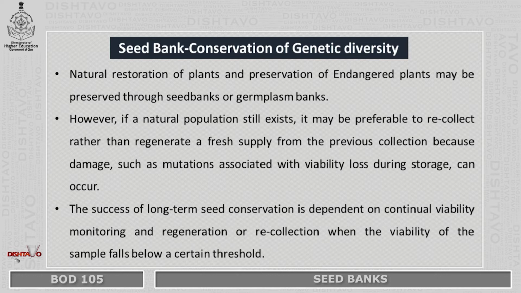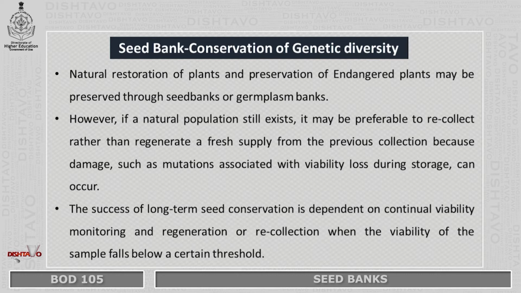Now, the success of long term seed conservation is dependent on continual viability monitoring and regeneration or recollection when the viability of the sample falls below a certain threshold. It means that it is important to monitor the seeds that have been kept in the seed banks, because after a period of time the seeds may lose their viability, and hence the seeds need to be monitored continuously and have to be regenerated.